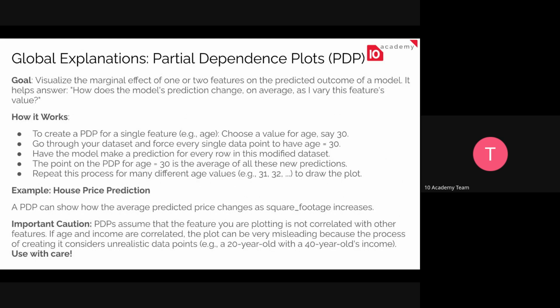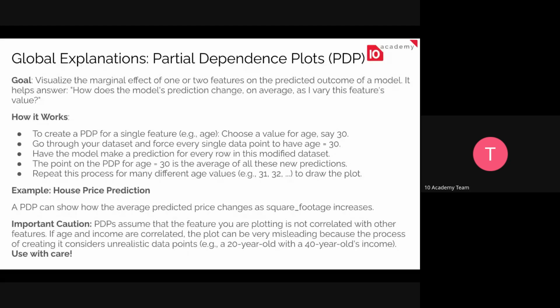And the last one for global explanation is the partial dependence plot, or PDP. This visualizes the marginal effect of one or two features on the predicted output of the model. It helps you answer how the model's prediction changes on average as I vary these features' values. For example, you create a PDP for a single feature, let's say age.